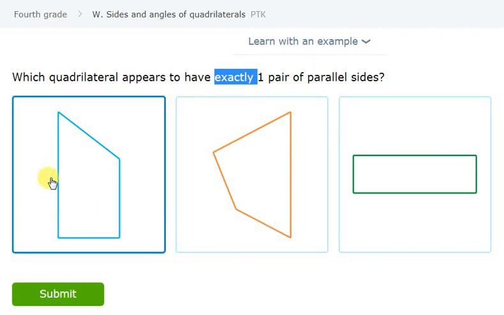If you look at this quadrilateral, this pair of opposite sides is parallel. This side is parallel to this side, but this side is not parallel to this side, right? So that means this quadrilateral has only one pair of parallel sides. So this is the quadrilateral that we are supposed to pick, right?